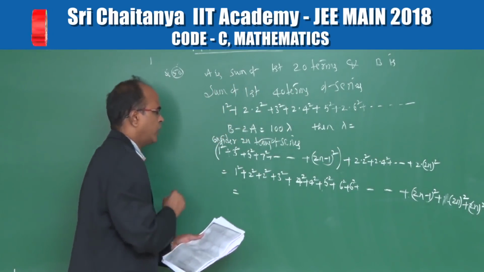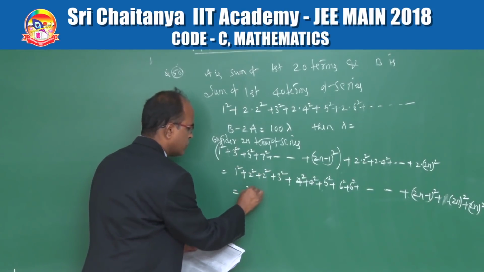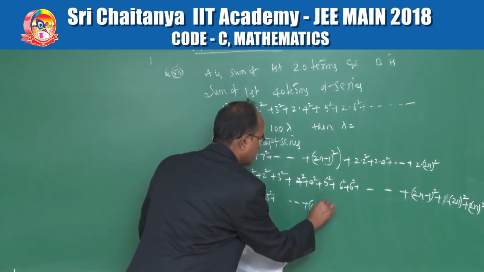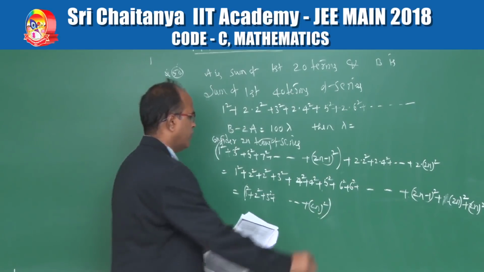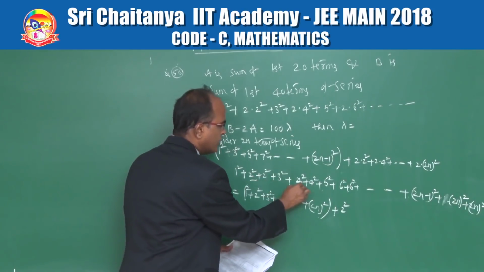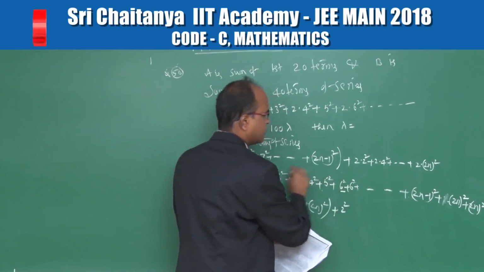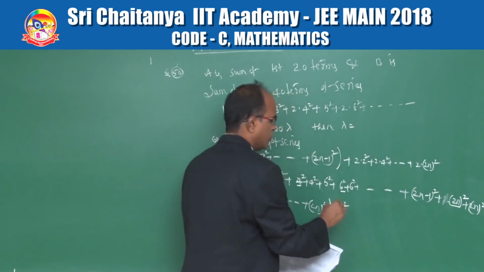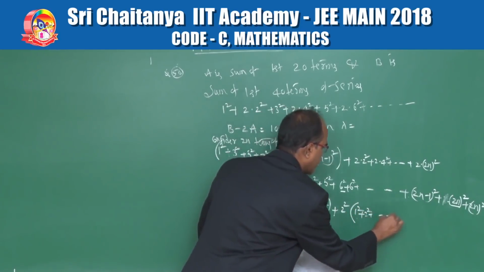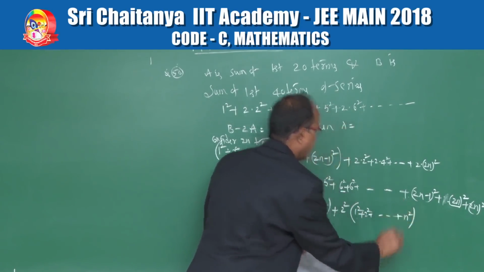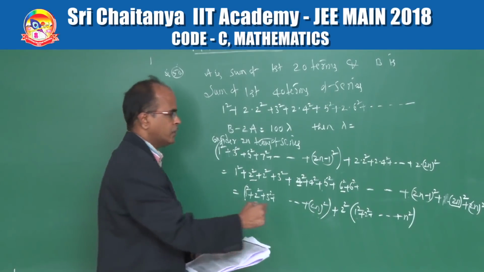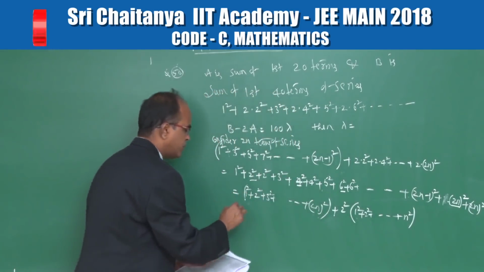Now by regrouping the terms we get 1 square plus 2 square plus 3 square etc. up to (2n) whole square, and the remaining terms can be simplified by taking 2 square common from 2 square, 4 square, 6 square etc. up to (2n) whole square, that is you get 2 square into (1 square plus 2 square etc. up to n square). The first is the sum of squares of the first 2n natural numbers, and this is the sum of squares of the first n natural numbers.